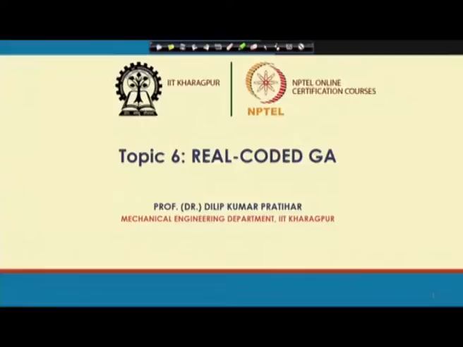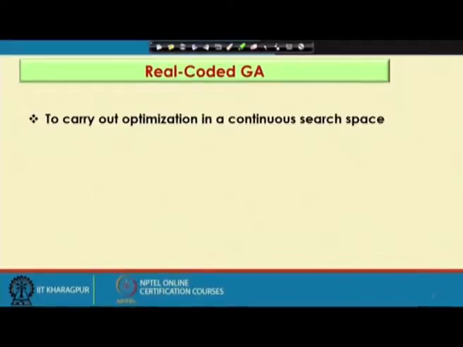Let us start with another topic, that is topic 6, real coded GA. The purpose of using the real coded GA is to carry out optimization in continuous search space.